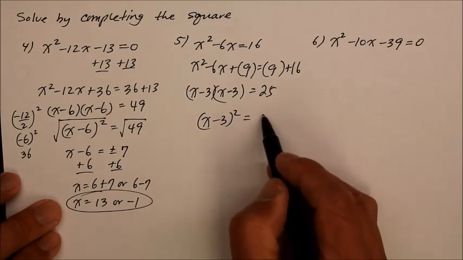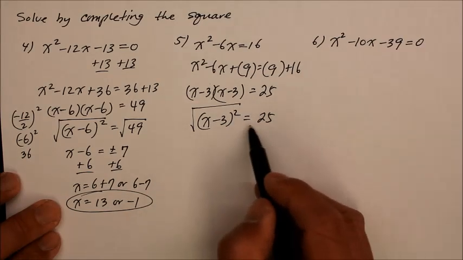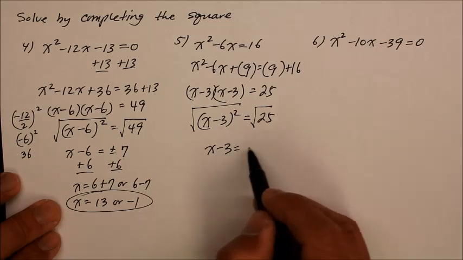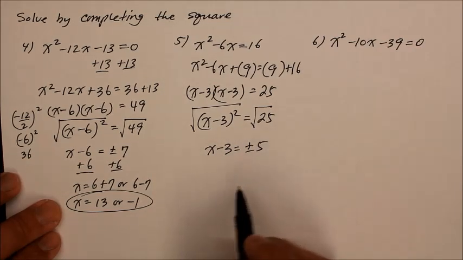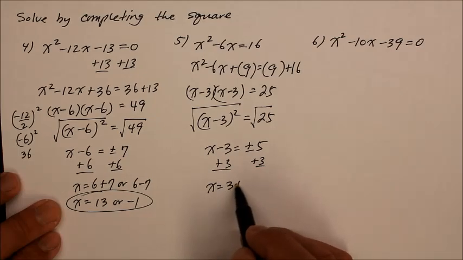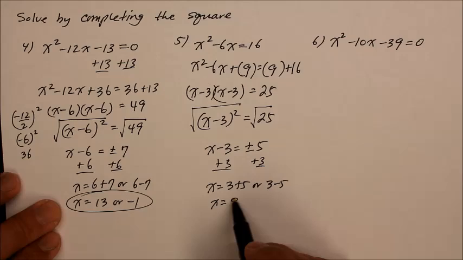I recommend you don't skip any steps. You might make a careless mistake that you cannot see. So always show the steps as much as possible. So when you add the 3 in this case, x is equal to 3 plus 5 or 3 minus 5. The two possible solutions are 8 or negative 2.